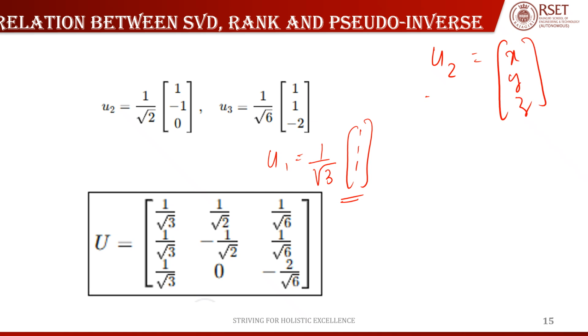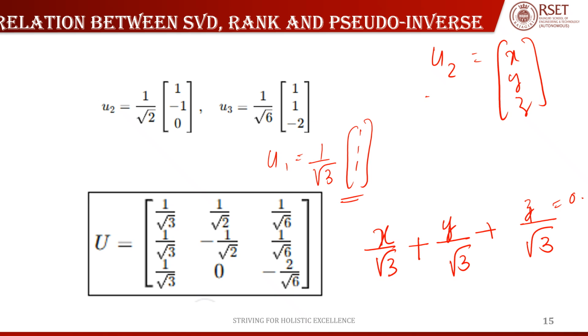When multiplying, the first component of u1, which is 1 by root 3, into x, plus the second component of u1, which is 1 by root 3, into the second component of u2, which is y, plus the third component of u1 into the third component of u2, which is z, this should be equal to 0, and we should choose the values of x, y, z arbitrarily.